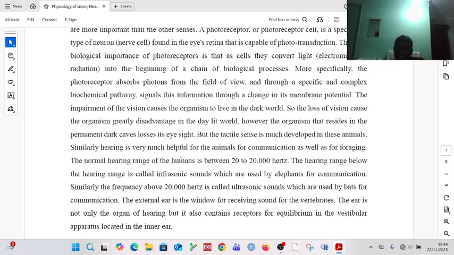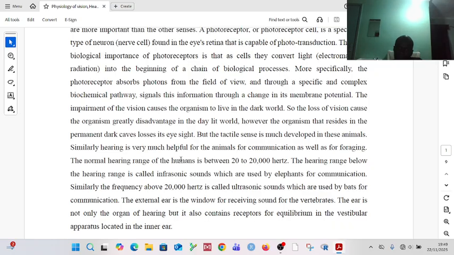If it is lower than 20, it is infrasonic. Infrasonic sounds are at times used by animals like elephants for communication. So if you are together with an elephant, there are some sounds the elephant will hear, yet you as a human being will not be able to hear.